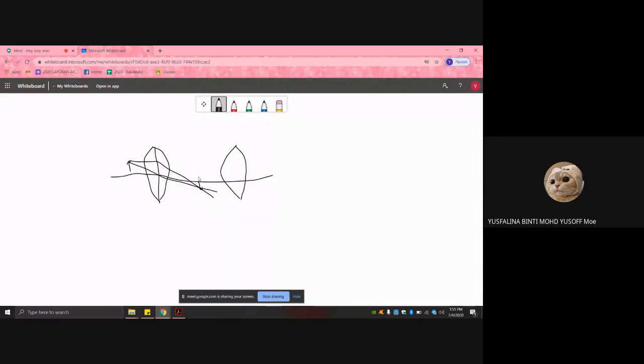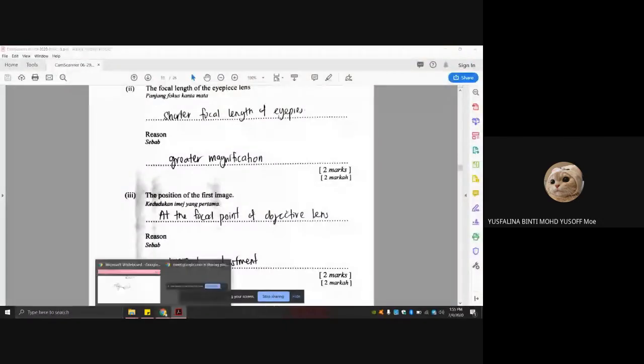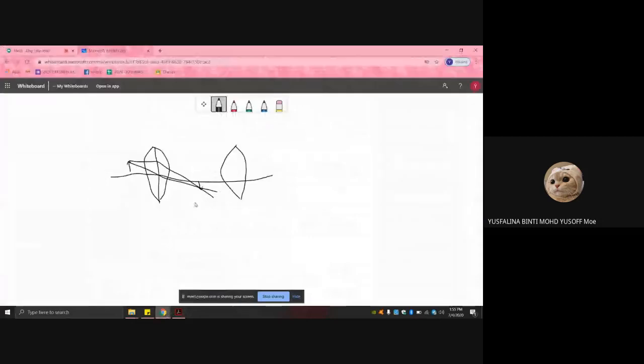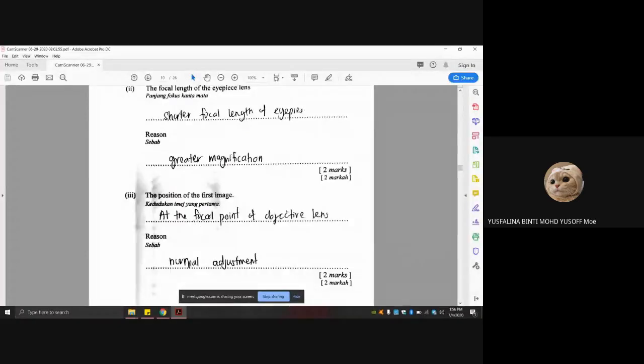The position of the first image must be, this is also the FE, for the microscope. So the position of the first image must be at the same position as the FE, at the focal point of the objective lens.